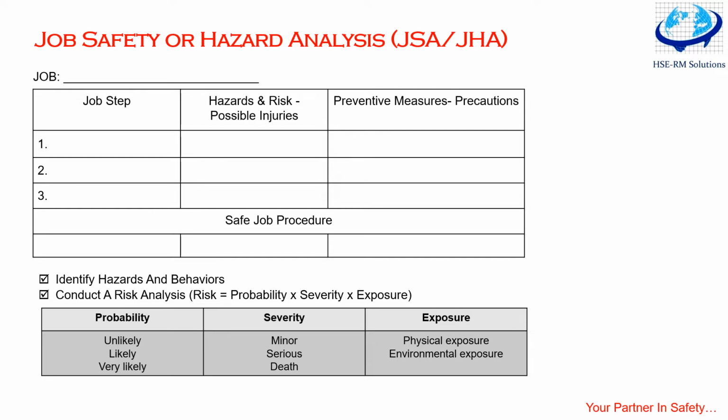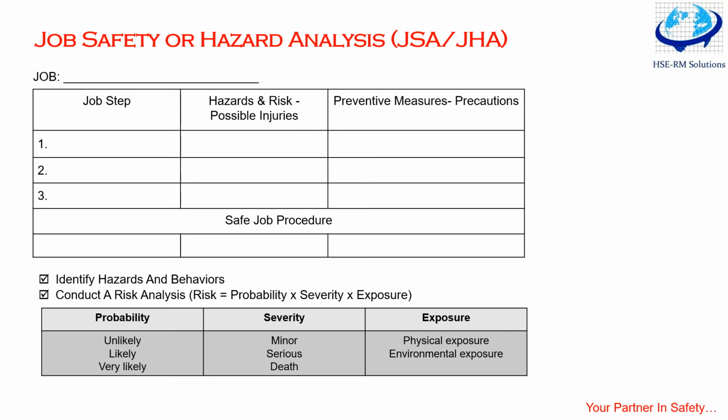For the said task, it's important to prioritize each job. To do this analysis, we analyze each job to determine the degree of risk. To determine the degree of risk objectively, it is important to know what risk is. So let's discuss the concept: risk is equal to probability multiplied by severity multiplied by exposure.